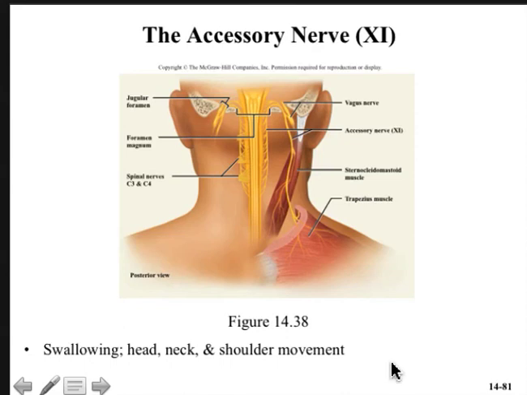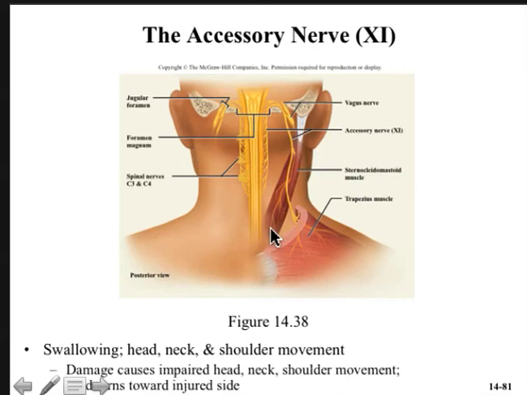You can see that it actually exits the jugular foramina on either side of the spinal cord, and basically shares a common exit with the vagus nerve, except that the spinal accessory stops much shorter than the vagus nerve does, and innervates the muscles of the sternocleidomastoid and the trapezius, and is again one of the more rostral nerves in the cranial nerve countdown.